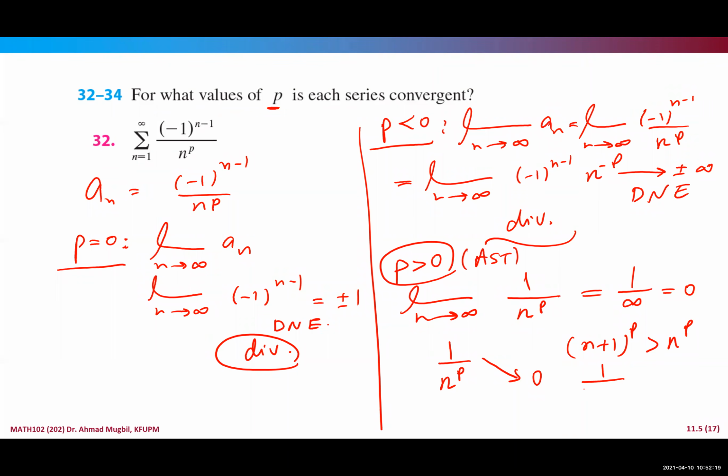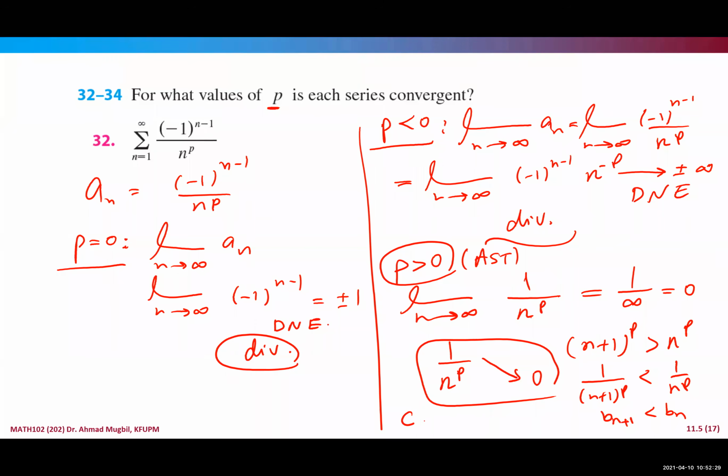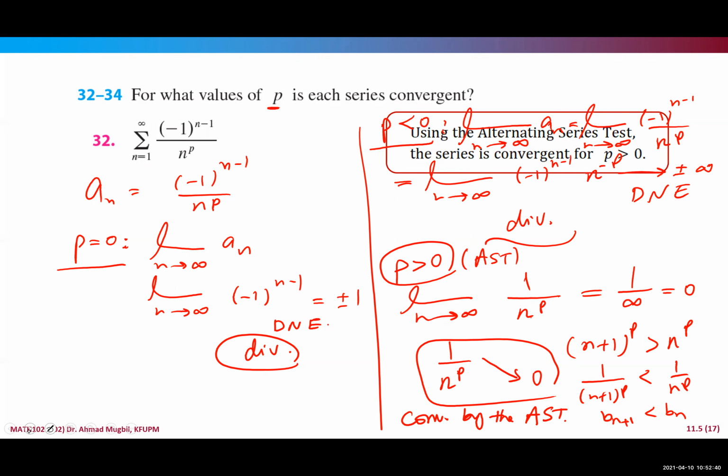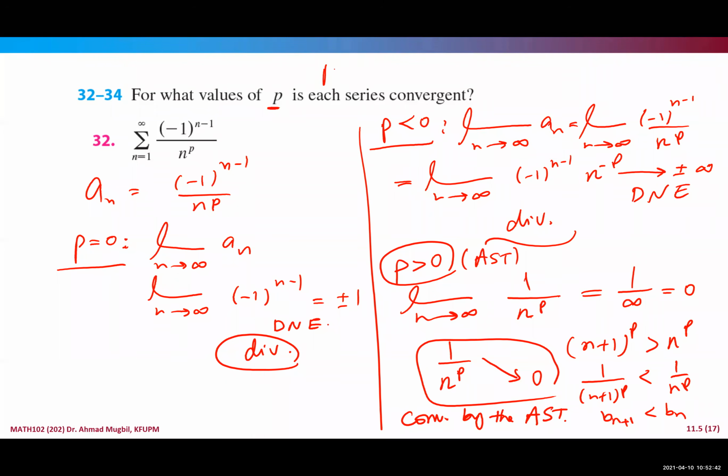This means, of course, that the reciprocal is less, and this means that b_(n+1) is less than b_n. So it is decreasing. So it decreases to 0. So this one now is convergent by the alternating series test. And this shows that this series converges for p greater than 0. So that will be the answer to this question. Thank you, Shabab, and this is all we have for today.